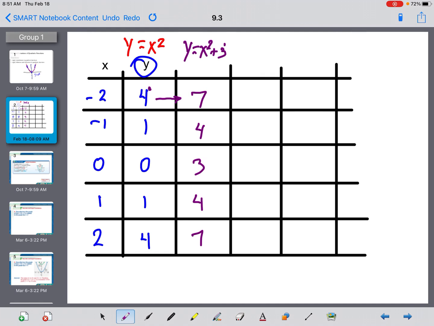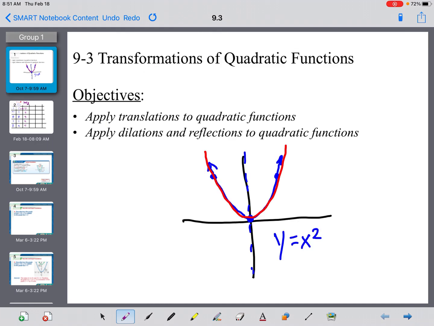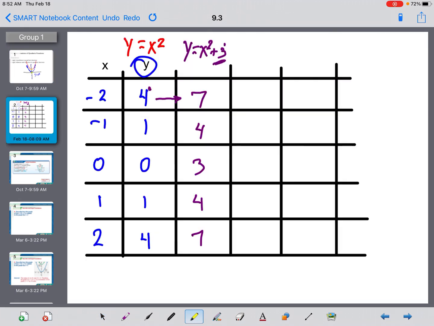So what that's going to do is make all the y values go up 3 because you have an add 3. And that makes sense. So the graph would go up 3. To go back to here, the graph would go up 3. So the vertex would go up 3. It would go from here at 0, 0 up here to 0, 3. Look at it. See? 0, 3.